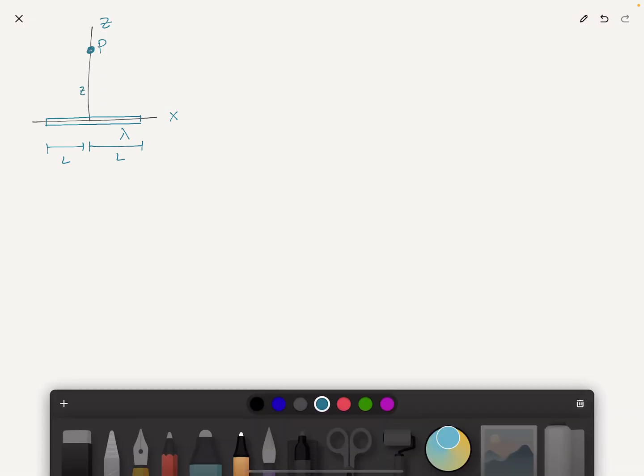The problem says that I have a segment of straight line with length 2L, which means that this goes from L to L. I believe the coordinates here are X and Z again. And I want to know what the electric field is at some point P that is a distance Z above my plane.